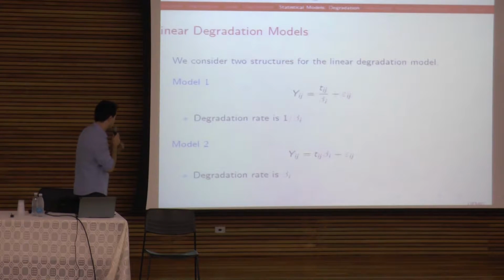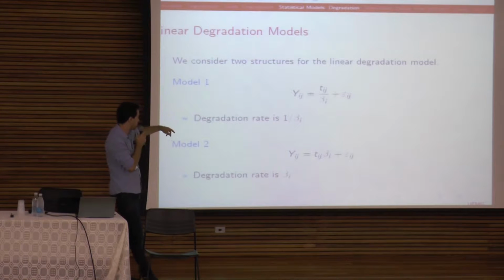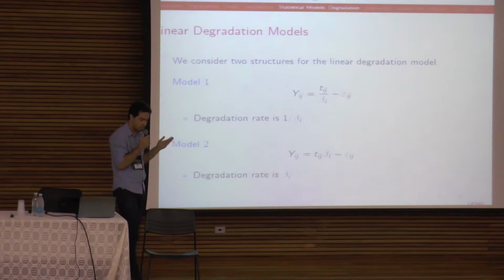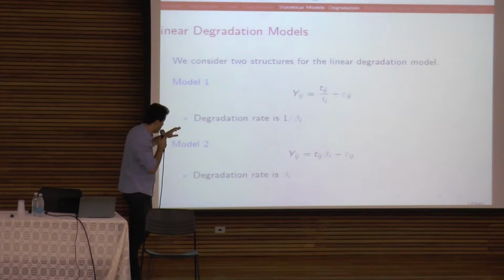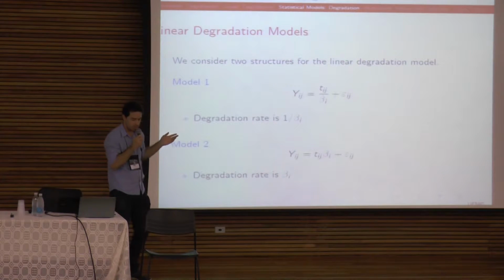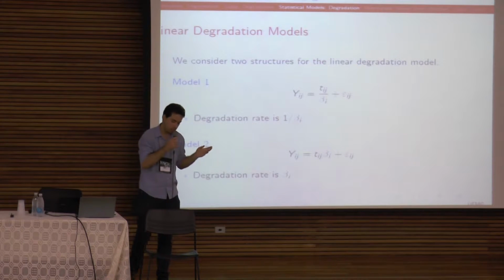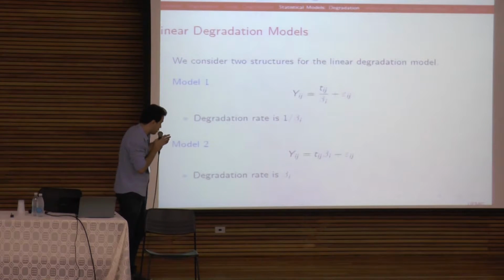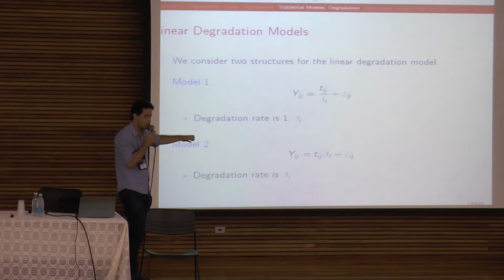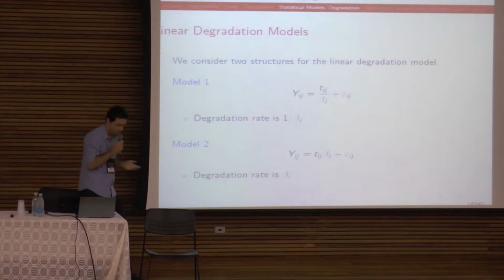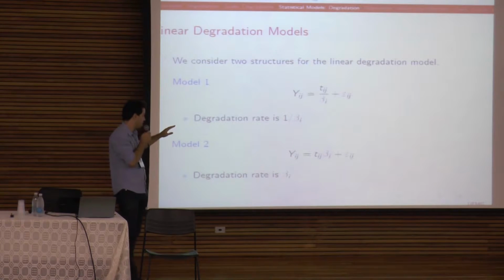So model 1 has this structure. The degradation rate is 1 over beta. Why consider the degradation like this? It's because the other methods that were built using Bayesian statistics needed this kind of relation, this form of the degradation rate. But it doesn't mean that you have to use this.